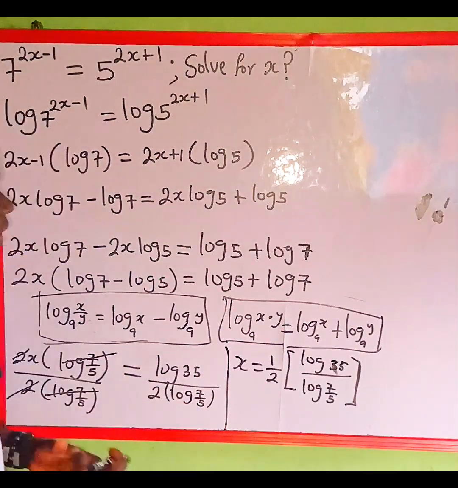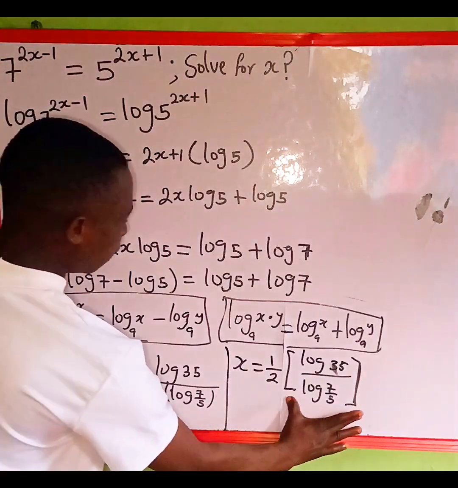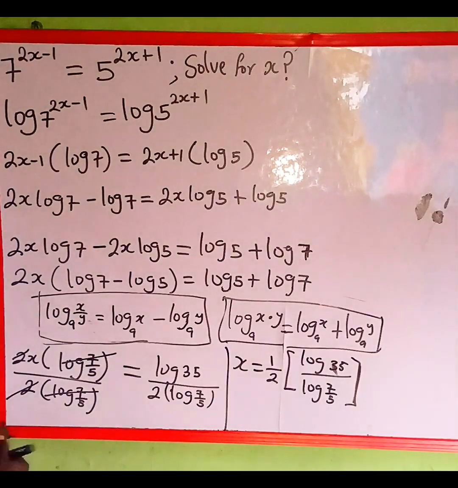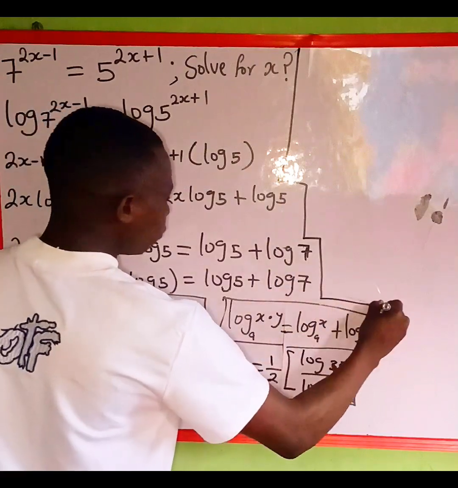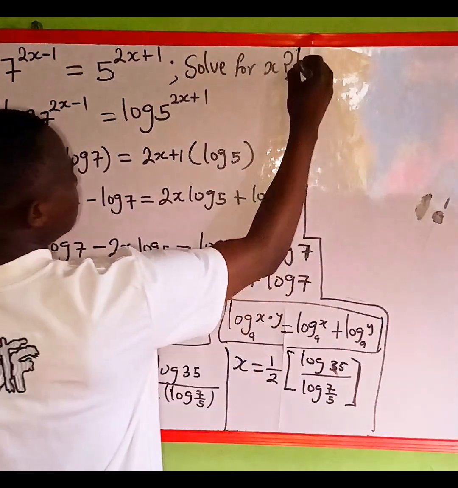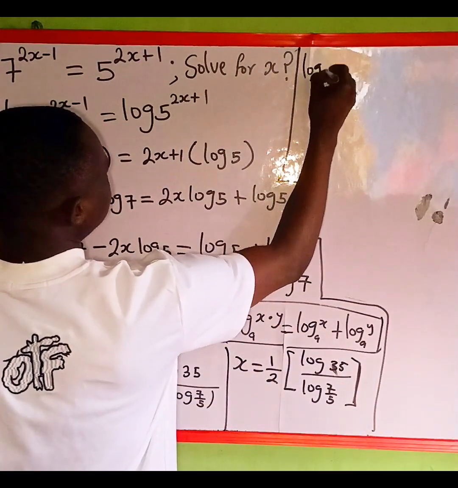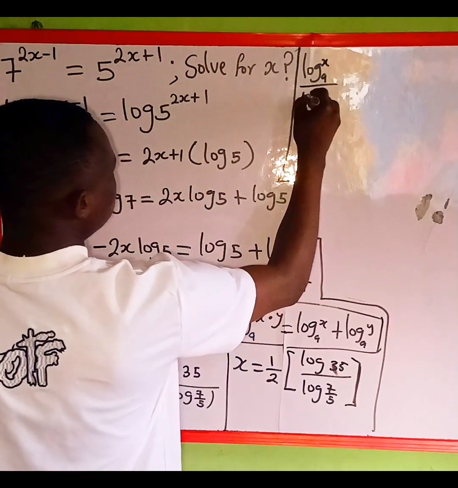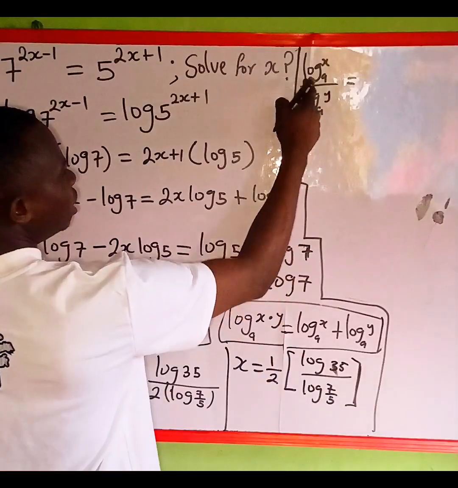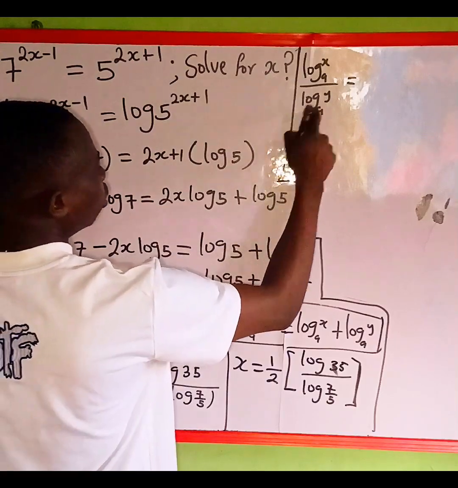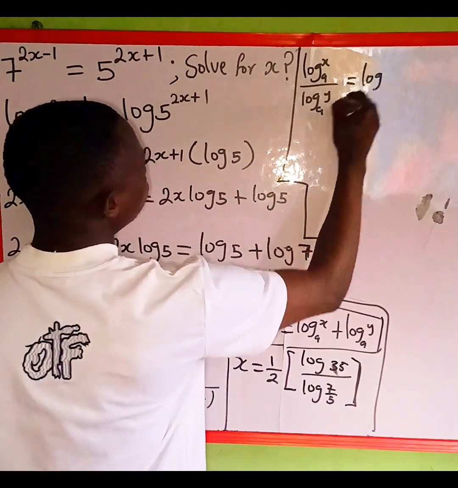Well, we are not going to leave our answer in this form. We are going to simplify the right hand side further. To simplify further, we are still going to recall one of the properties of logarithm that says that when we have log to base a of x over log to base a of y, since they have the same base, this is the same as log.